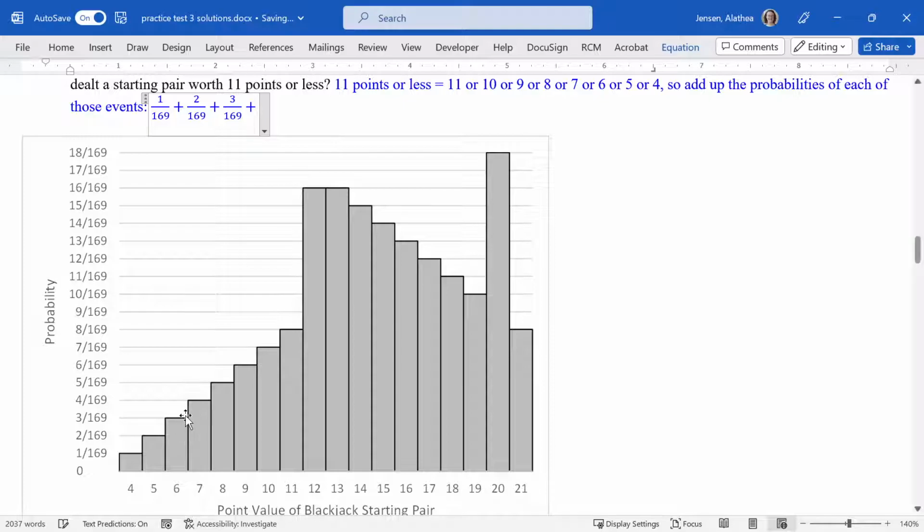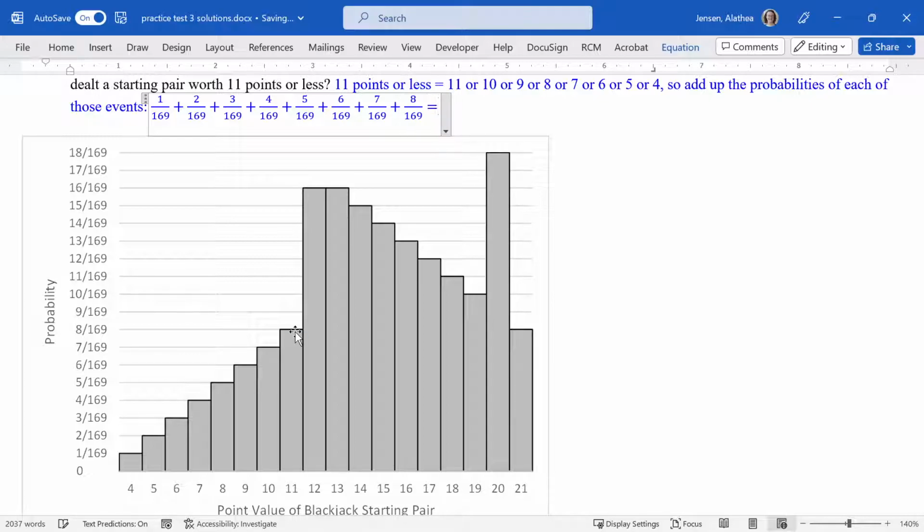So probability of 7 is 4 out of 169. Probability of 8 is 5 out of 169. Probability of 9 is 6 out of 169. Probability of 10, 7 out of 169. And finally, probability of 11, it looks like 8 out of 169.